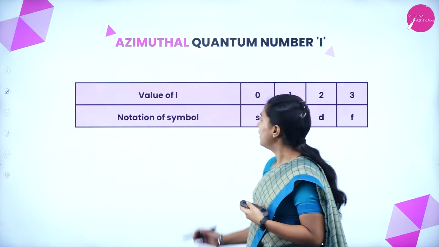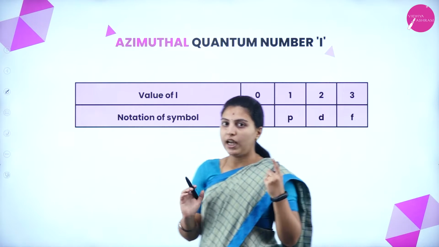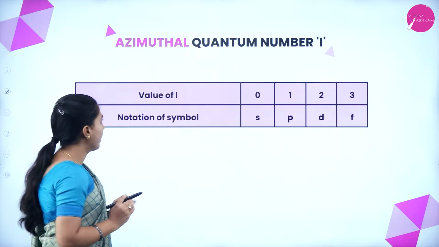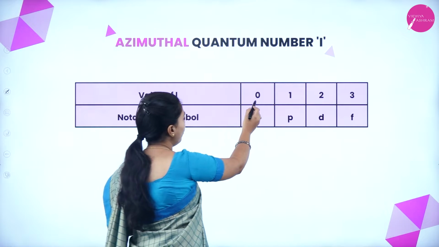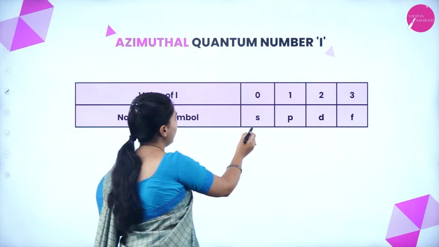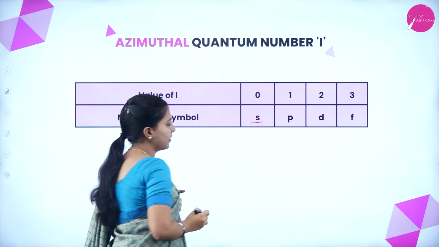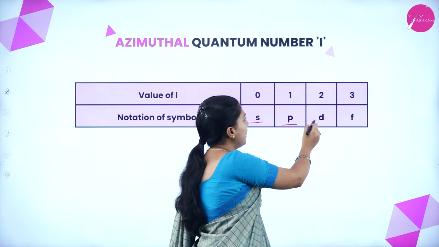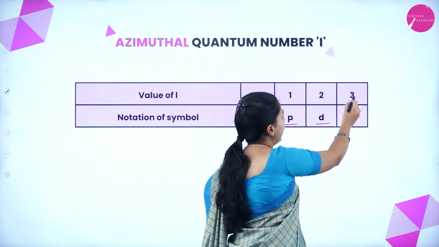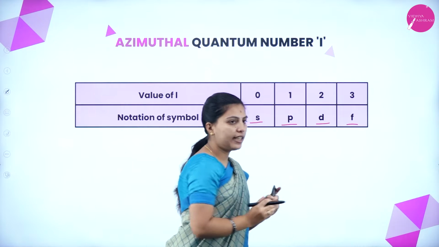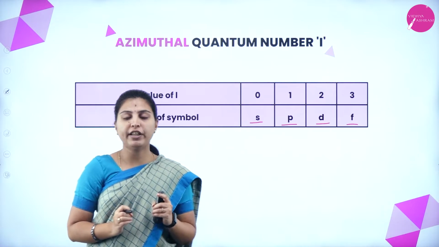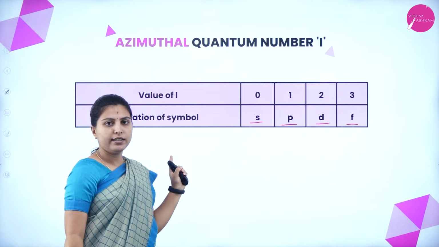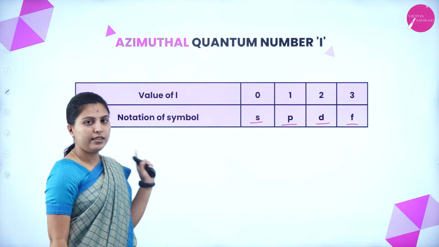Next, here also we can see the azimuthal quantum number with the notation of symbol. When the value of l is 0, the notation is s, that is the sublevel. When l equals 1, that is p, l equals 2 is d, l equals 3 is f. This table is very important when you are doing problems based on the orbitals. So you have to remember this table.